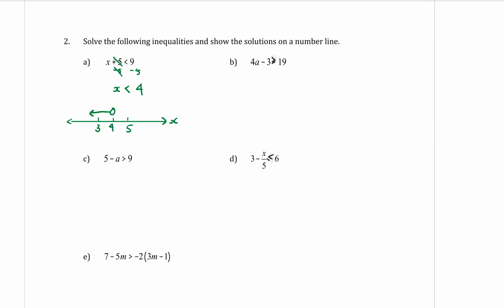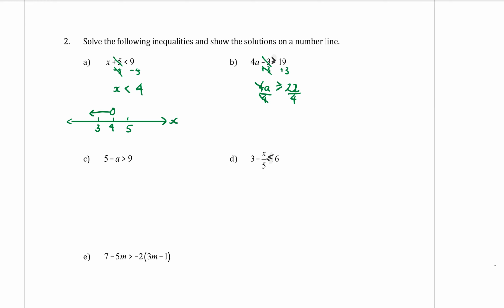Part B is a 2-step equation. So the first thing I need to do is to add 3. Get rid of that. It's a greater than or equal to. You have to change that on yours probably. 4a is greater than or equal to 19 plus 3 is 22. 22. Then to get rid of the 4, it's multiplied, so I need to divide by 4.